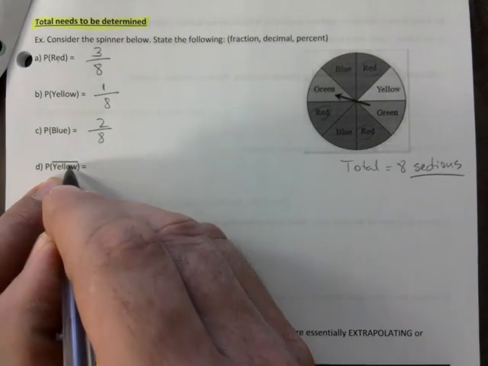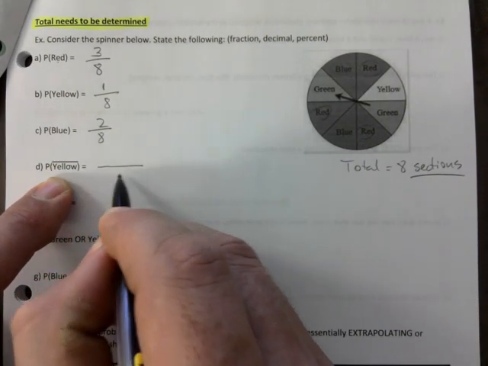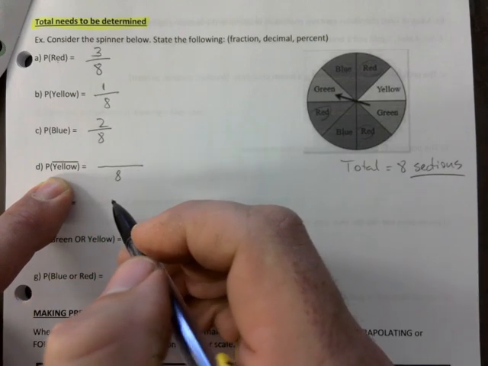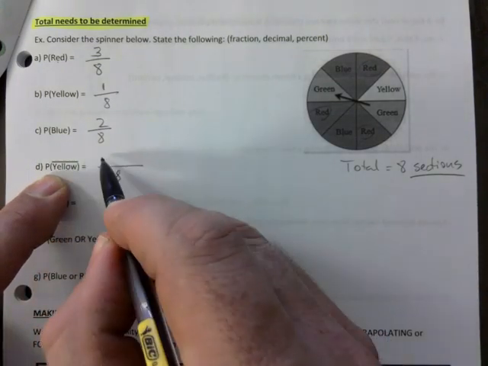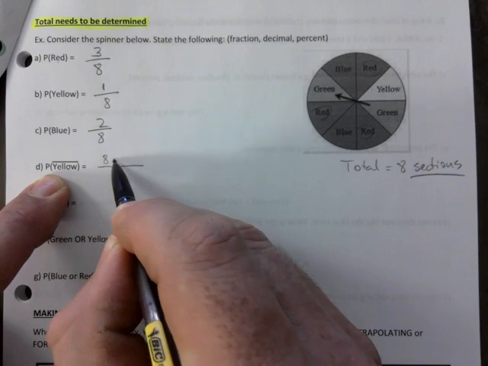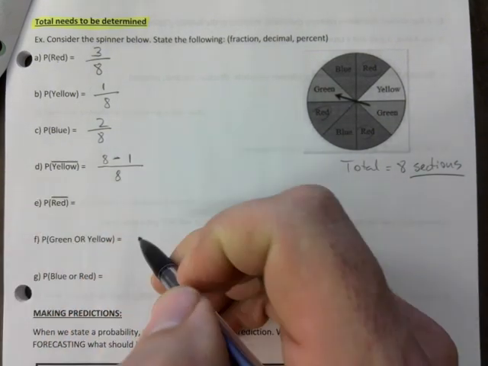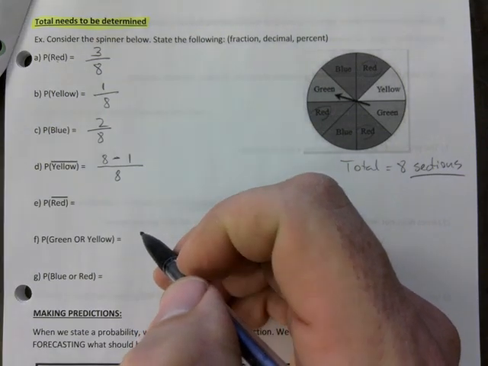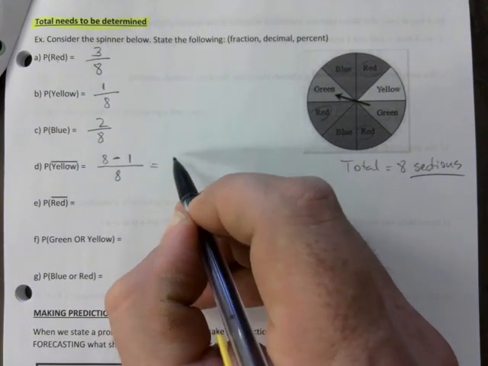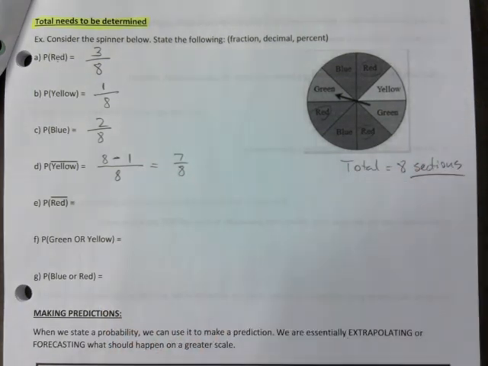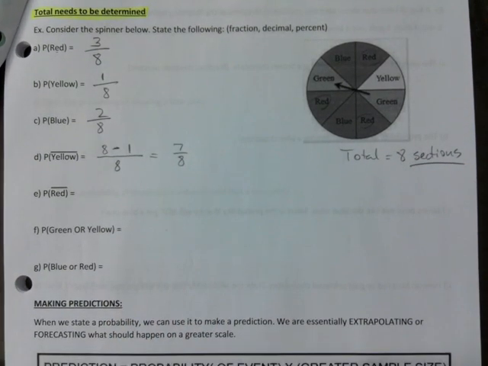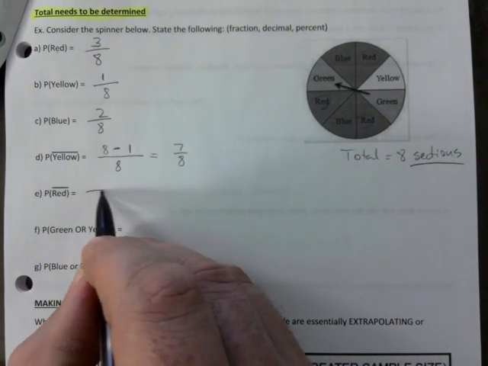Probability of not yellow, watch this. Some of you, I saw you do that. I like you doing it. Probability of not yellow, I take my total and I subtract the yellows, right? There's one yellow section there. So you take away the yellows. So that means that 7 out of 8 are not yellow, that's your chance of it not landing on yellow. Okay. Probability of not red, same thing.